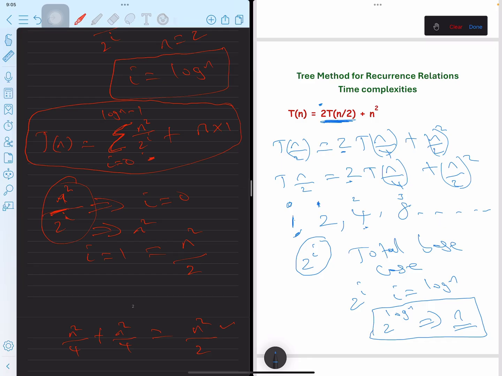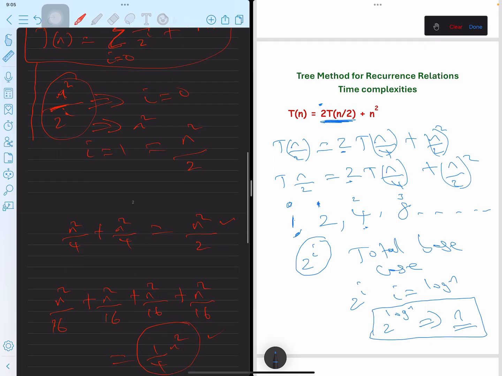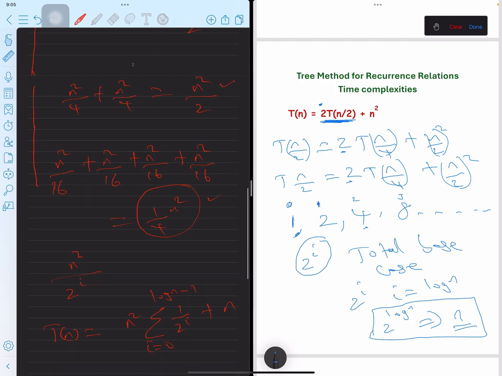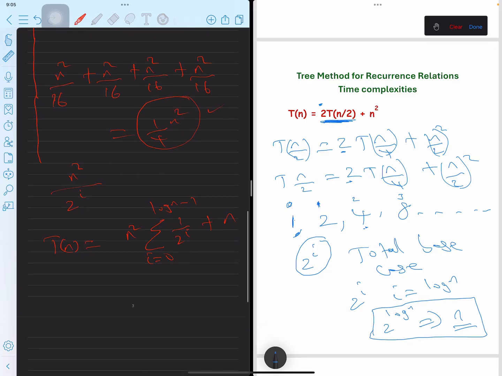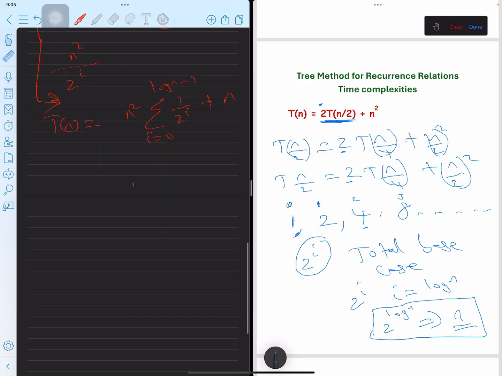So I just bring it out, treat it as if it's a constant, right? This guy here is what I'm using to solve this guy here. See that?